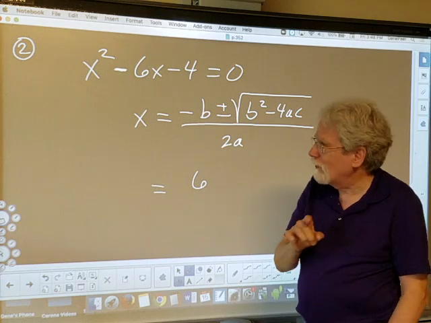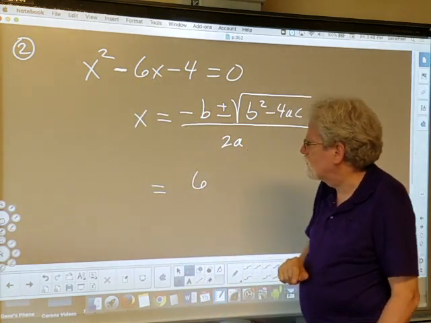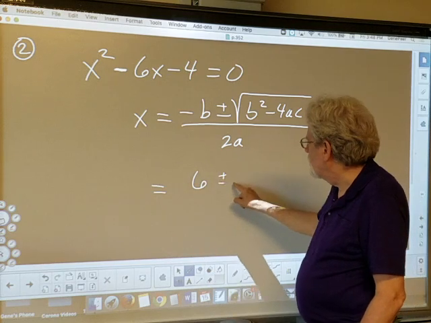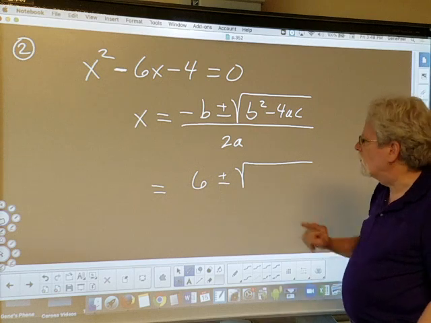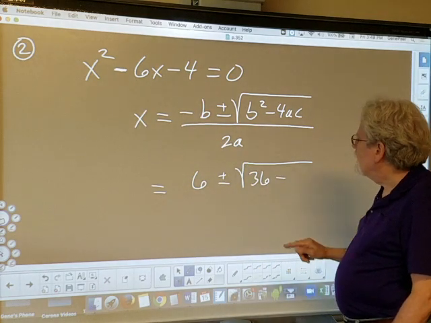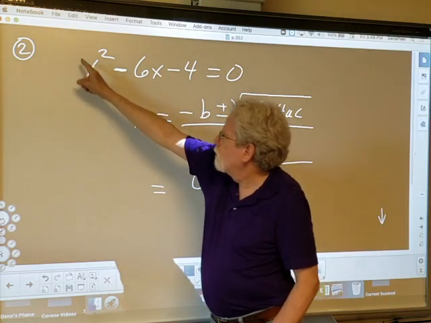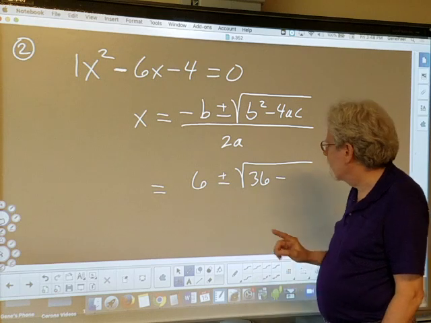Yes, thinking for yourselves here. The opposite of b, but b is negative 6. That becomes positive 6 plus or minus the square root of b squared. Is that negative 36? Oh, of course not. Negative 6 squared is positive 36 minus 4 times 1 times negative 4. I warned you about that.